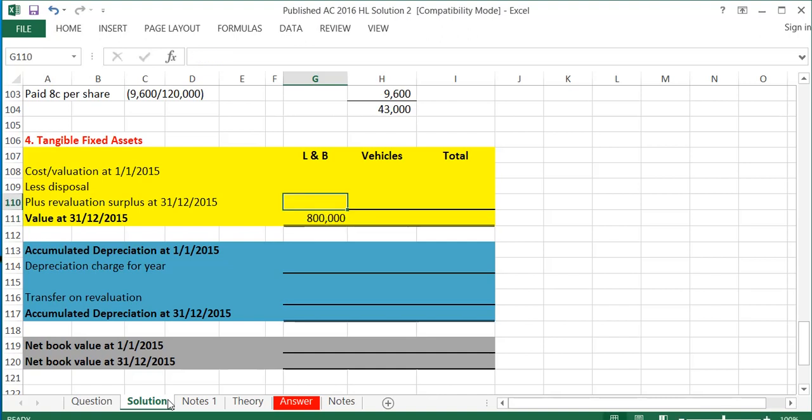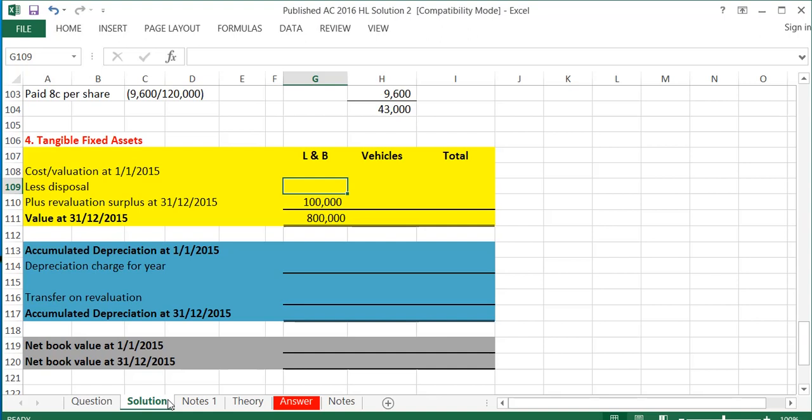The revaluation surplus was the 800 minus the 700, so the cost went up by 100,000. So 100,000 will go in here. Now we have to work out the cost at the start of the year.